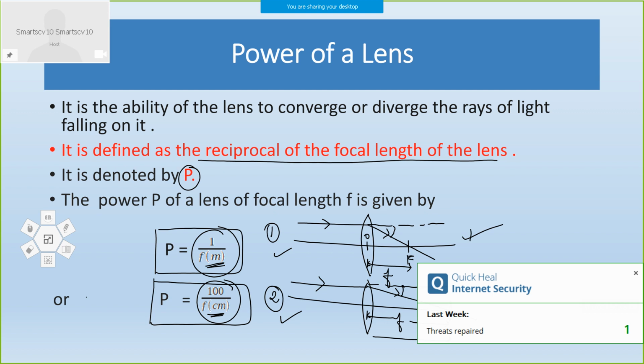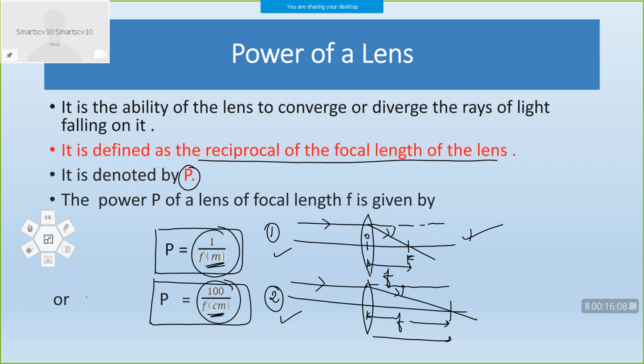So what is power of a lens? It is the reciprocal of the focal length of the lens, or the ability of a lens to converge or diverge the ray of light falling on it. It is denoted by P, and the equation is P is equal to the reciprocal of focal length.